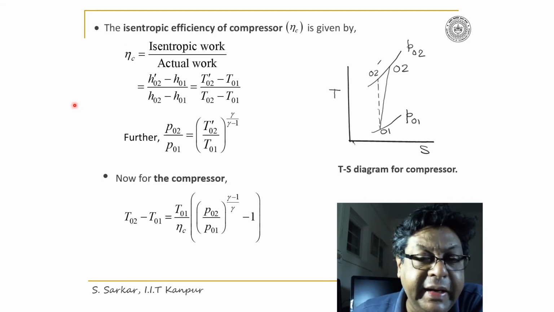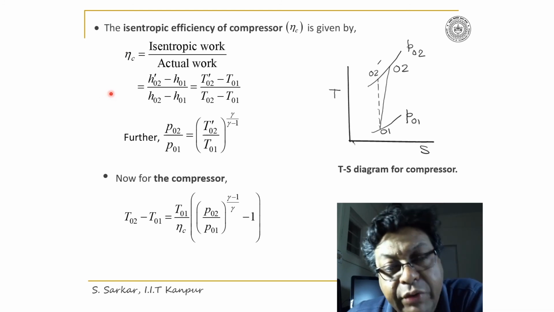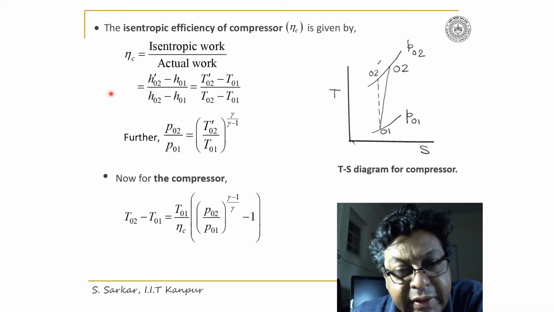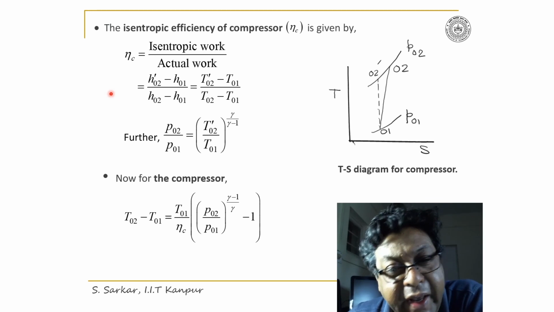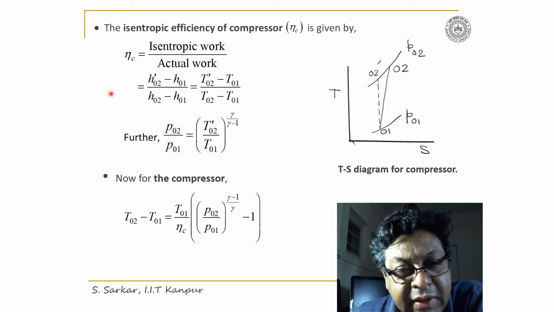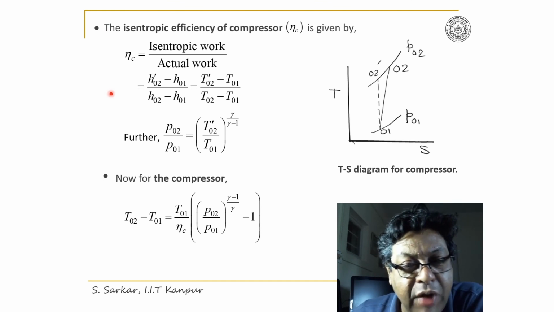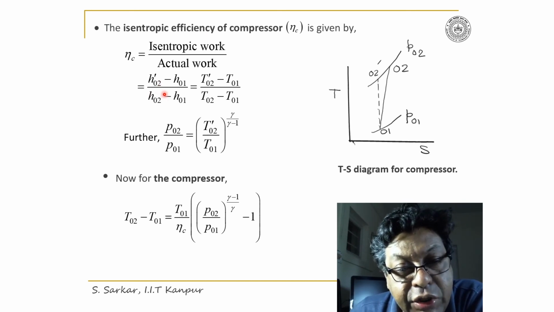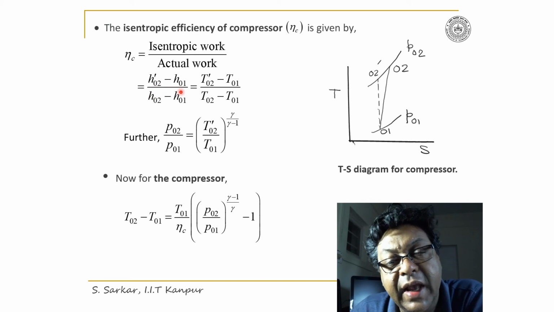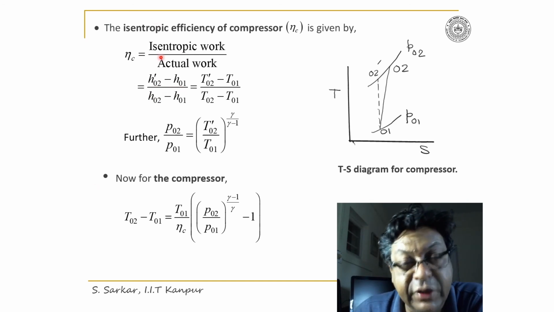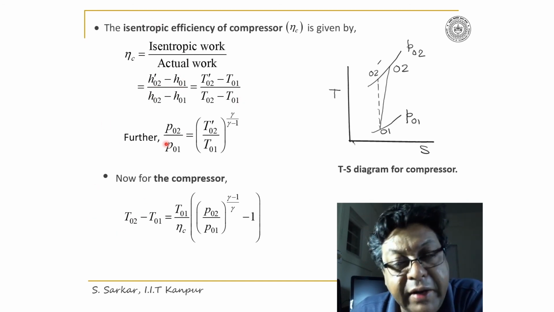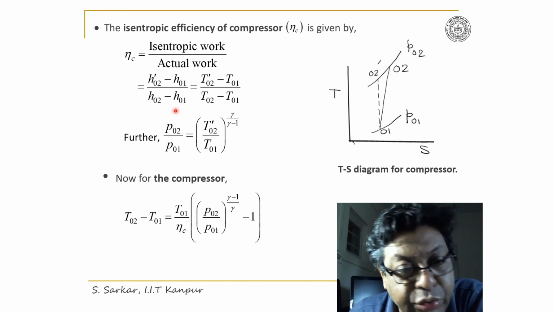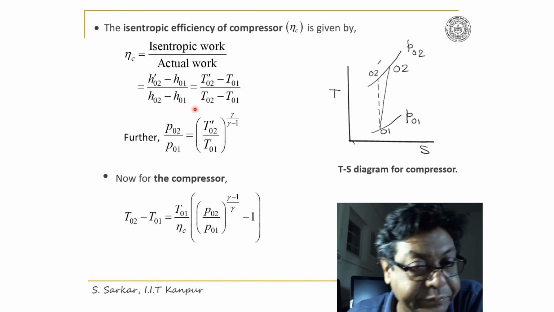So that eta C can be equated as actual enthalpy rise with respect to isentropic enthalpy rise. So I can write h02 dash minus h01, isentropic enthalpy, divided by actual enthalpy, h02 minus h01.